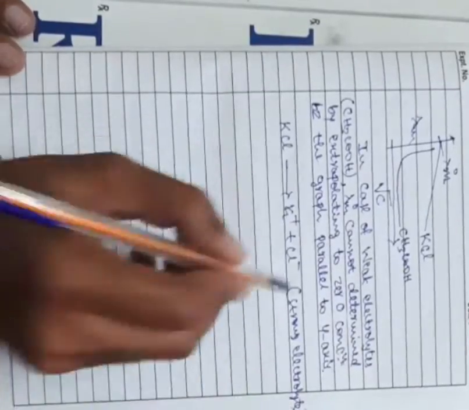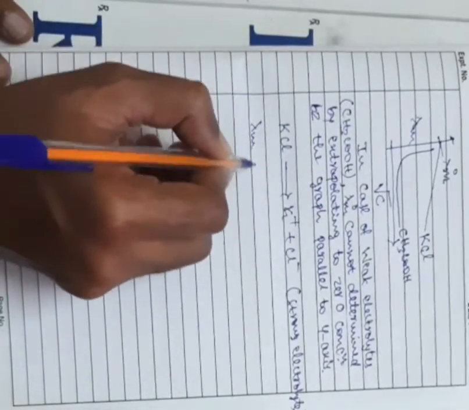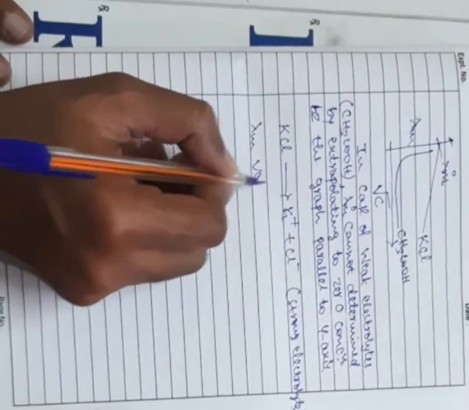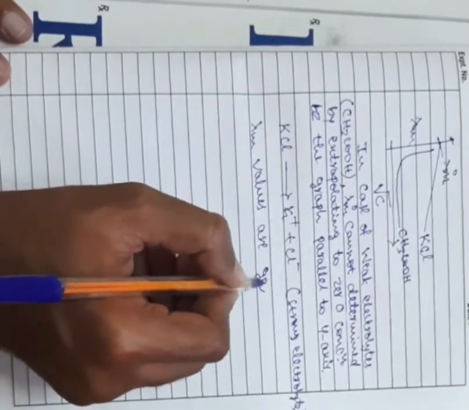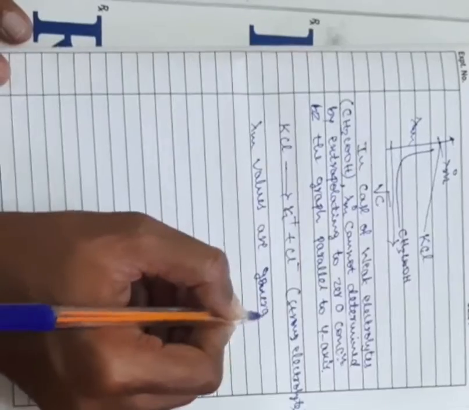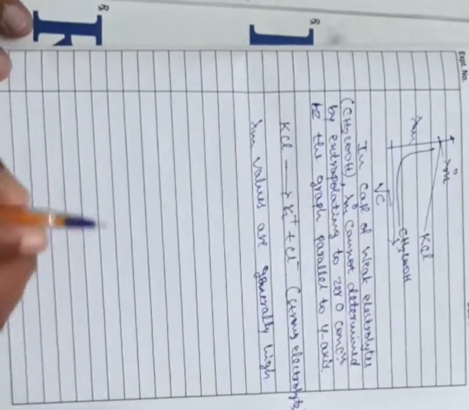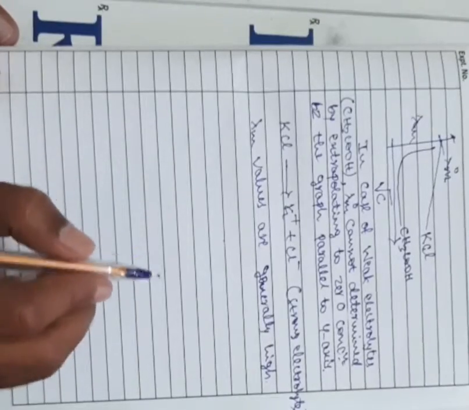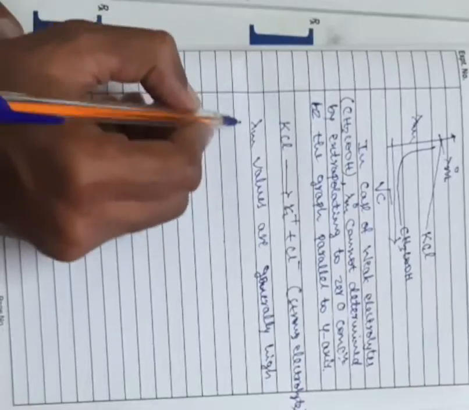Therefore the lambda m values are generally high because of complete ionization.